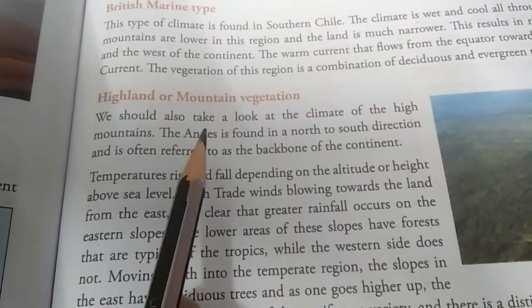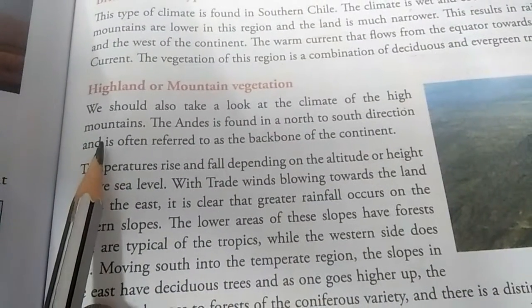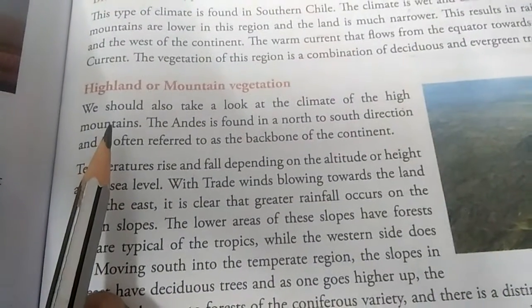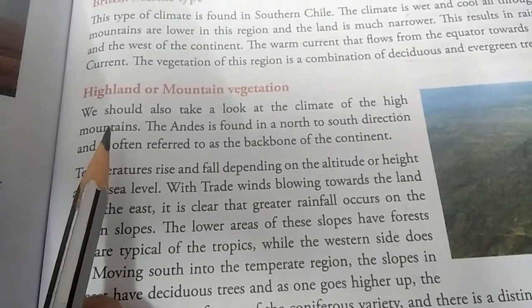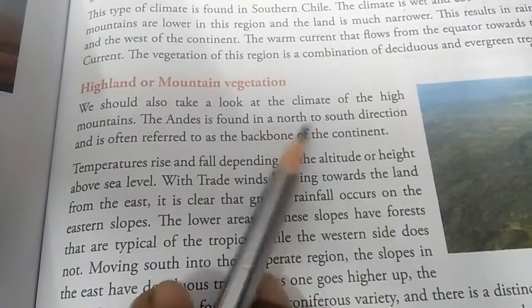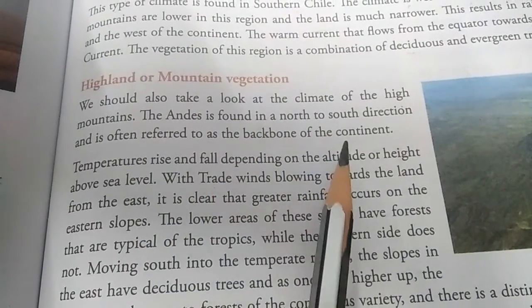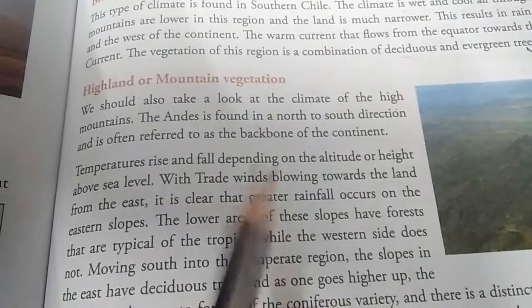We should also take a look at the climate of the high mountains. Okay, that is about the Andes, what type of climate and vegetation is found over there. The Andes is found in a north-south direction and is often referred to as the backbone of the continent. So the Andes mountain runs from north to south.